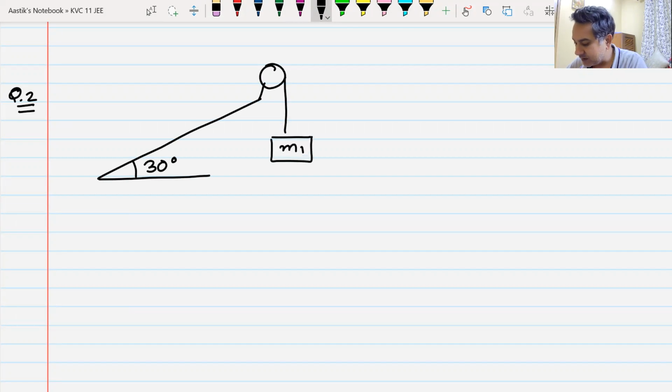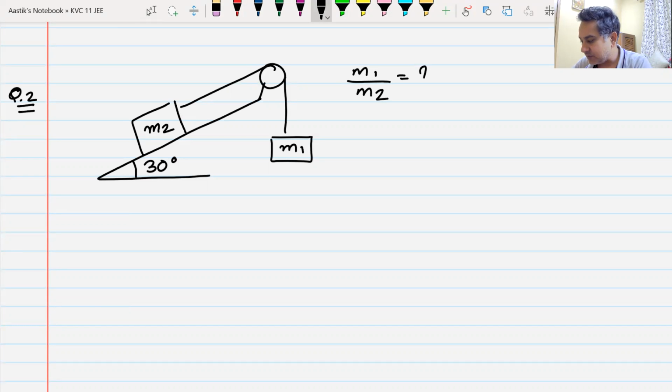Let us say this is mass m1, and this is mass m2. You have to find the ratio of m1 by m2 so that the system remains at rest. Once we get the answer for this one, then we will move on to the next one. So for what value of m1 by m2 will the blocks remain at rest, or the system remain in equilibrium? I'll give you 2 minutes to solve this.